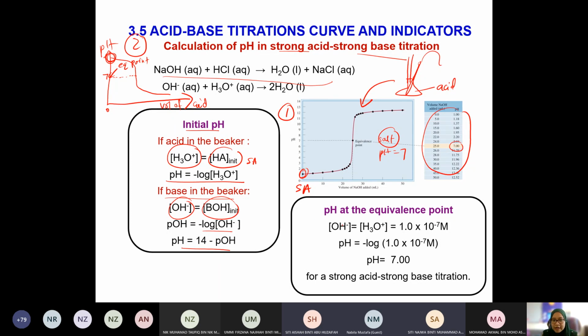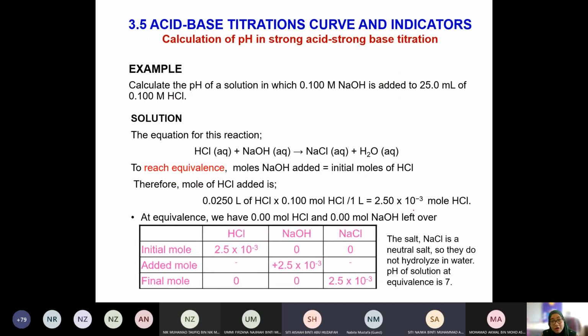Neutral as in the concentration of OH- and H3O+ remain the same. So bila you calculate the pH of this concentration, you will still get 7. That's why it is proven that dia adalah neutral. This is at equivalence point di mana kita hanya ada salt sahaja. Alright, so this is for strong acid versus strong base.